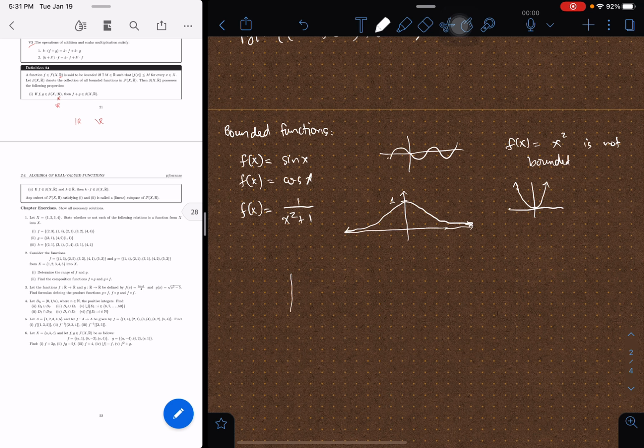For example, a straight line goes indefinitely in two directions, so if it is slanted, we cannot contain it in a finite interval. Or if we consider this graph, an exponential function, that is not a bounded function.